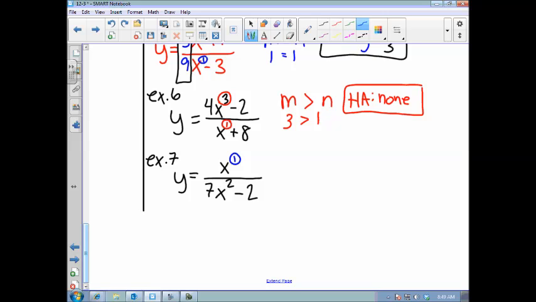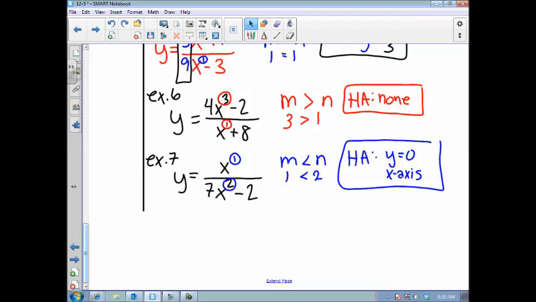Nicaragua. Good. So here, Mexico is less than Nicaragua, right? Okay, so 1 is less than 2. When your denominator's power is larger than your numerator's power, then the horizontal asymptote is always the x-axis. And what's the height if you're at the x-axis? 0, right? So y equals 0, or the x-axis always.